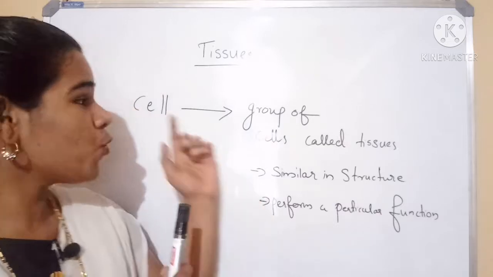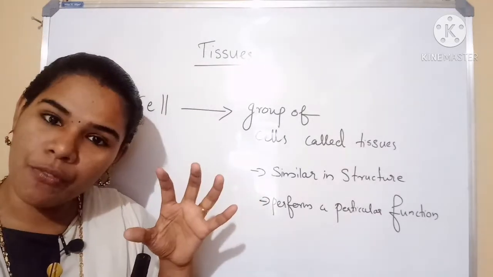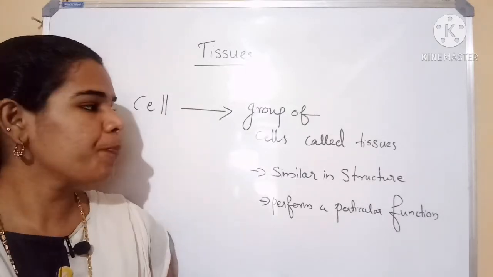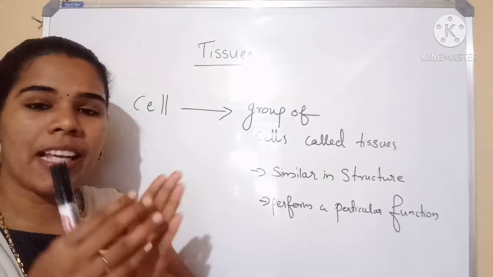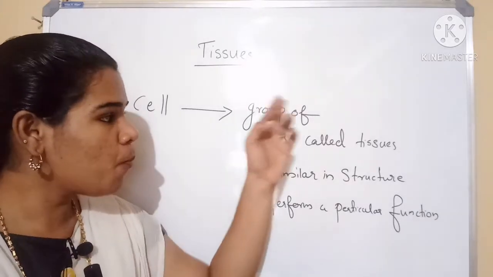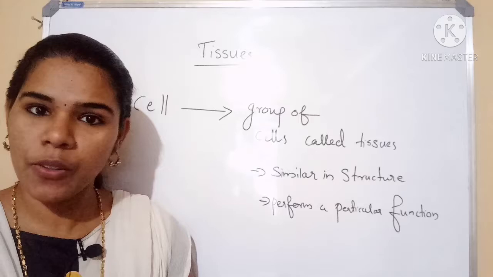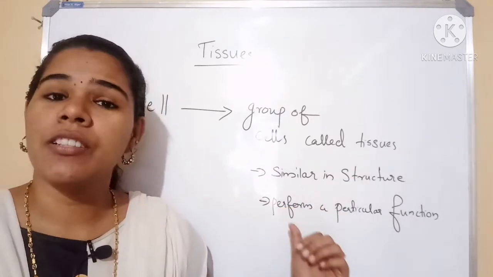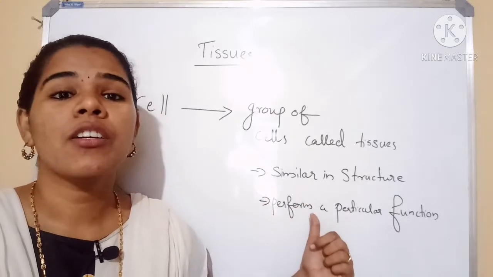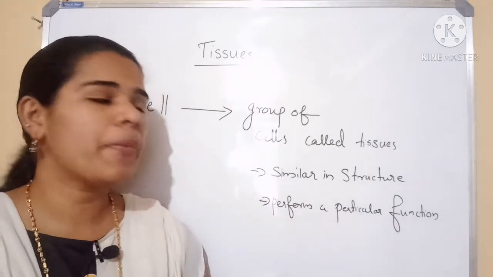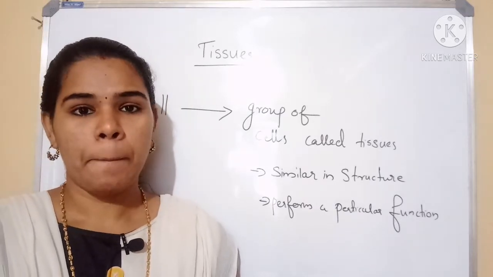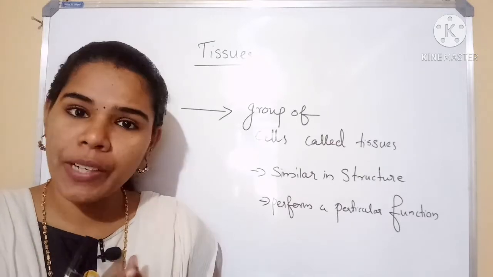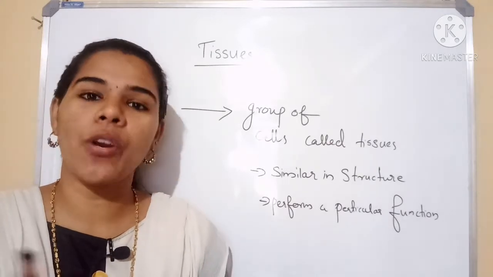So the cell is the fundamental unit of life, the basic structure. These cells join together to form a group of cells called tissues. The tissues are similar in structure, and work together to perform a particular function. The same kind of tissues are joined together to form different organs.